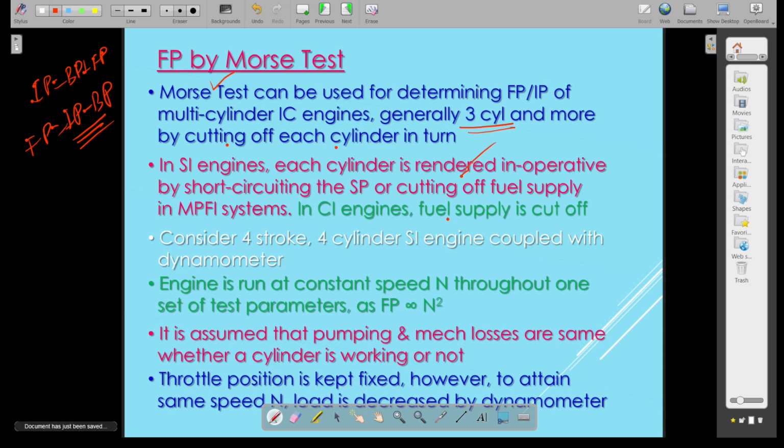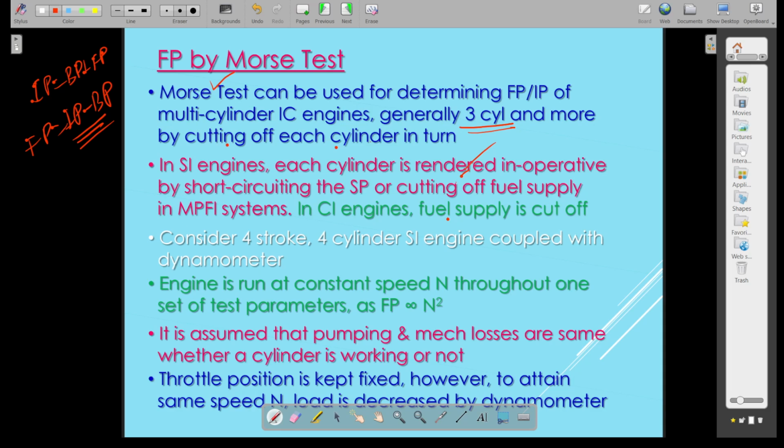Cutting the cylinder means we are making the spark plug of the first cylinder, the second cylinder, the third cylinder inoperative, one by one, depending on the number of cylinders. Or if it is a CI engine, we are cutting the fuel supply.